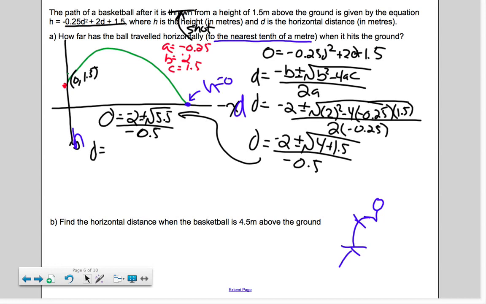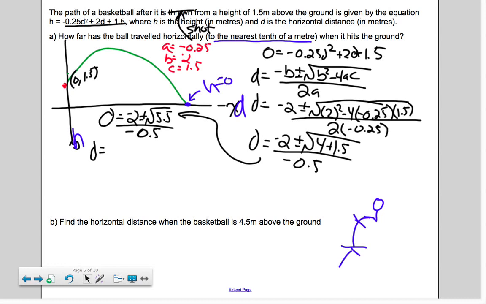So D is equal to, what's the square root of 5.5? Here's the thing, when you do these calculations, take them to 3 decimal places. And then when you get your last answer, that's when you leave it to a tenth of a meter. So what we call 3 significant digits, I think.